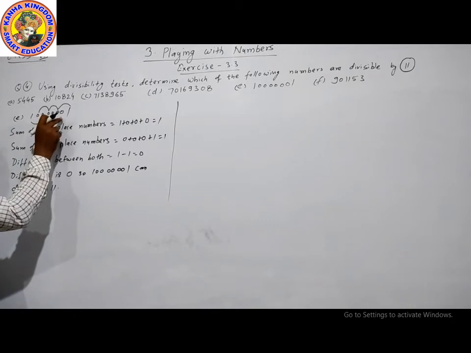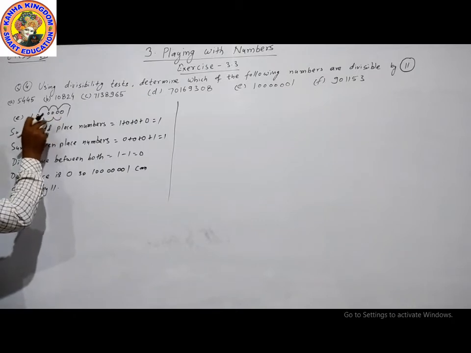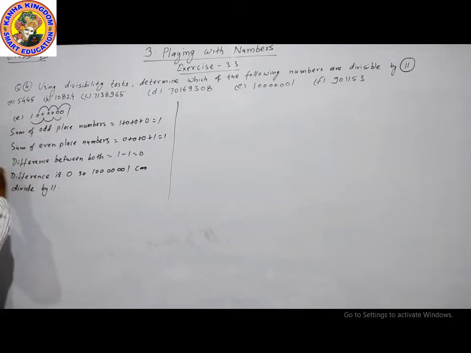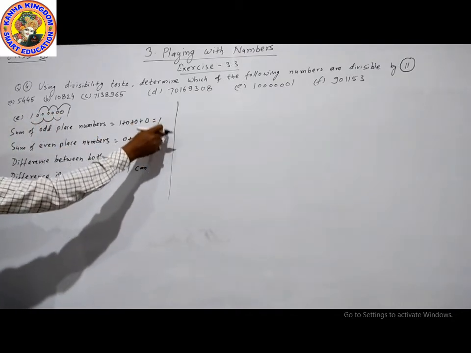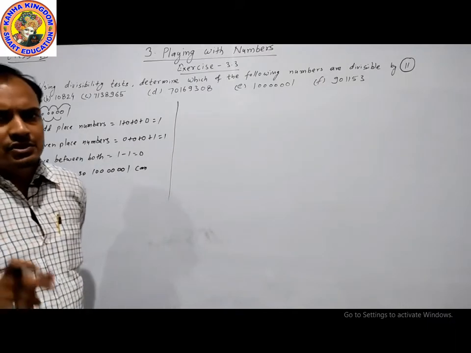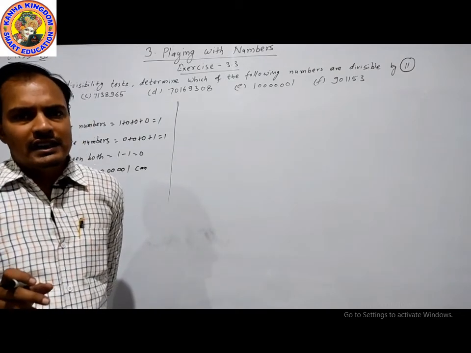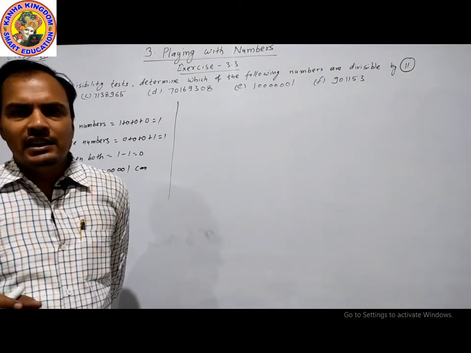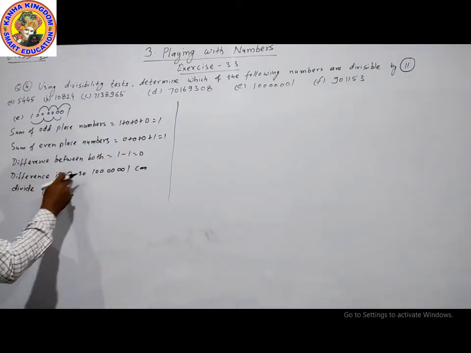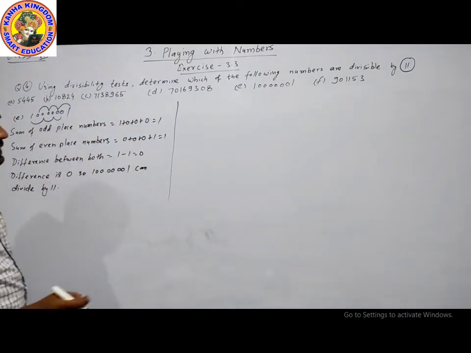In even place numbers, the even places are the second, fourth, sixth and eighth places: 0 0 0 and 1. Answer is 1. Difference between both, 1 minus 1, is 0. The divisibility test of 11 says that if the difference between odd place and even place sums is 0, or otherwise the difference can be divided by 11, then the number can also be divided by 11. So we get 0, and this number can be divided by 11.